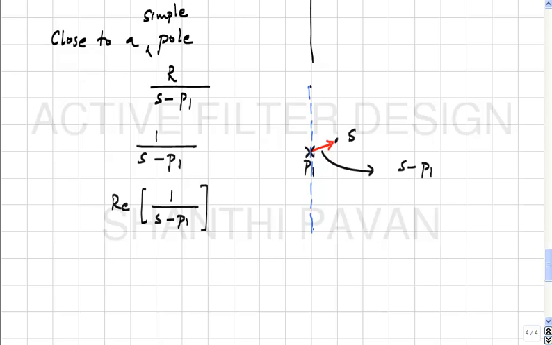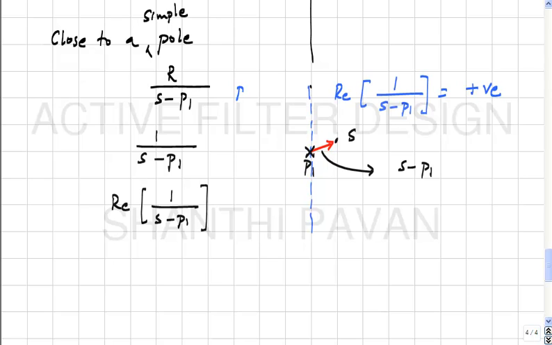All right. Now, this is positive. So, in other words, if S is close to a pole P1, if it is to the right of the pole, the real part of 1 by S minus P1 must be positive.